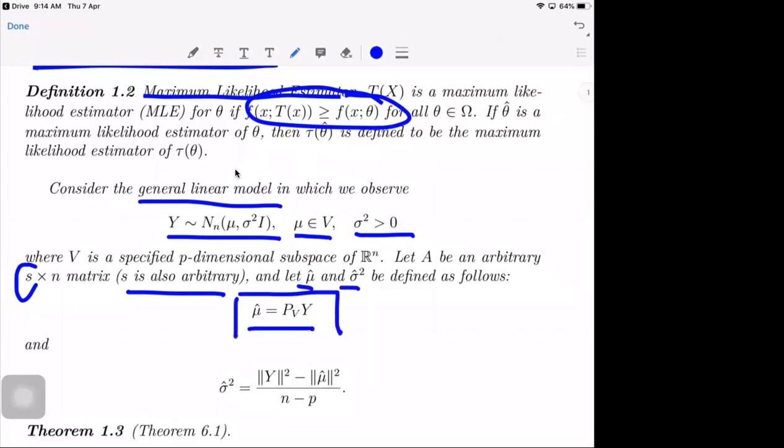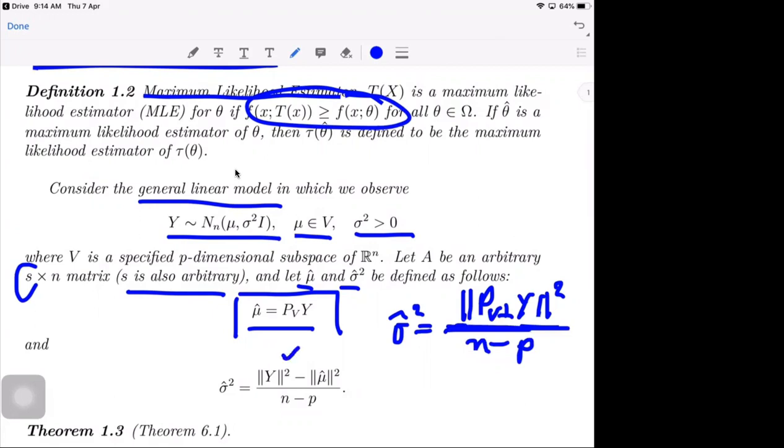The mu hat is the projection of Y onto V, and sigma hat squared is the squared norm of the projection of Y onto V perp, over N minus P. But you can always write the squared norm of the projection of Y onto V perp as the difference of the squared norm of Y minus the squared norm of the projection of Y onto V, because mu hat is the projection of Y onto V.